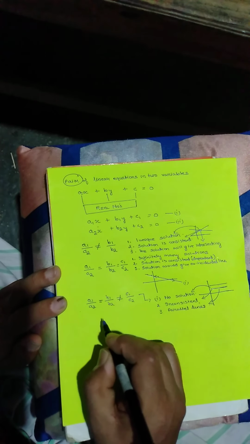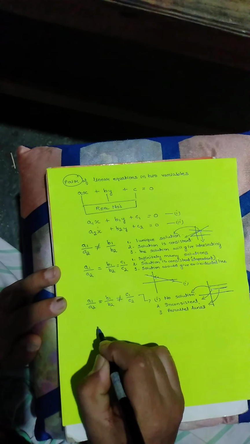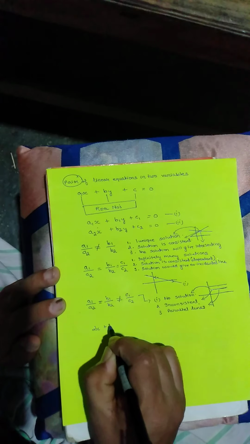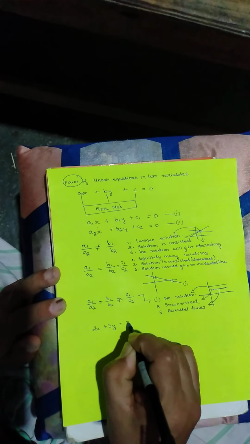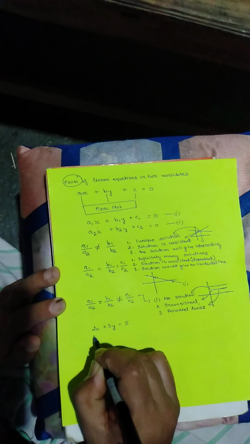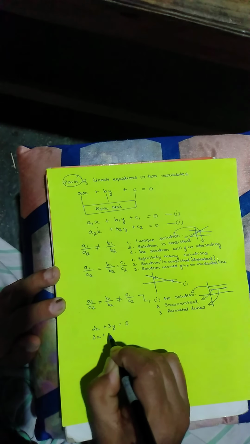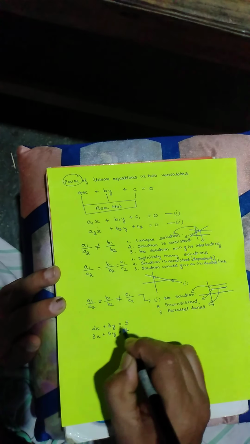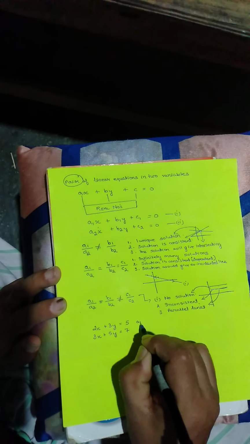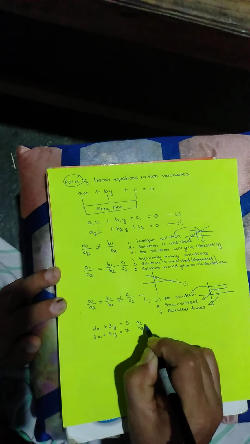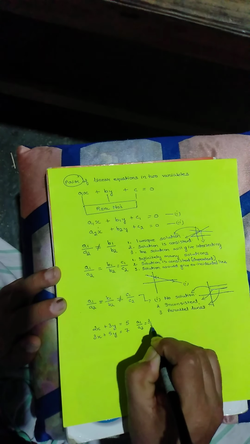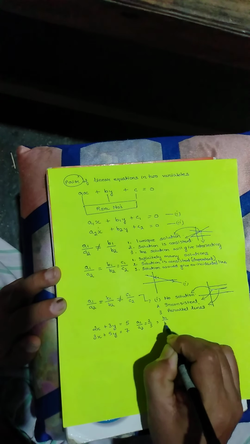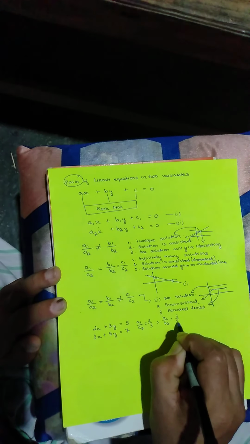So let's say we have 2x + 3y = 5 and then you have 3x + 5y = 7. You would notice that your a1 upon a2 is 2 by 3, your b1 upon b2 would be 3 by 5, and you stop there.